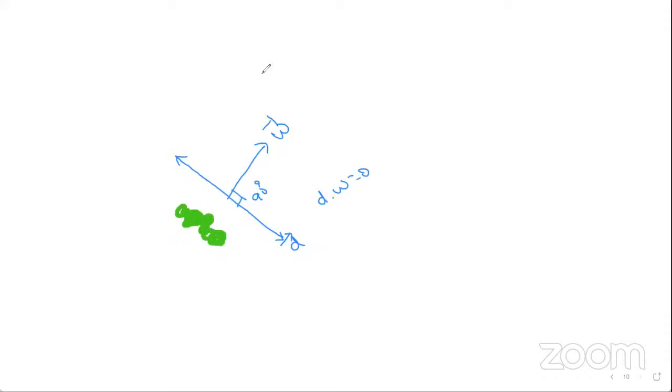How do you say it in terms of angle? In this direction, what will be the vectors? These are the vectors which are possible in this region. So if you look at it, what is the angle it is making with respect to this vector? It is greater than 90.